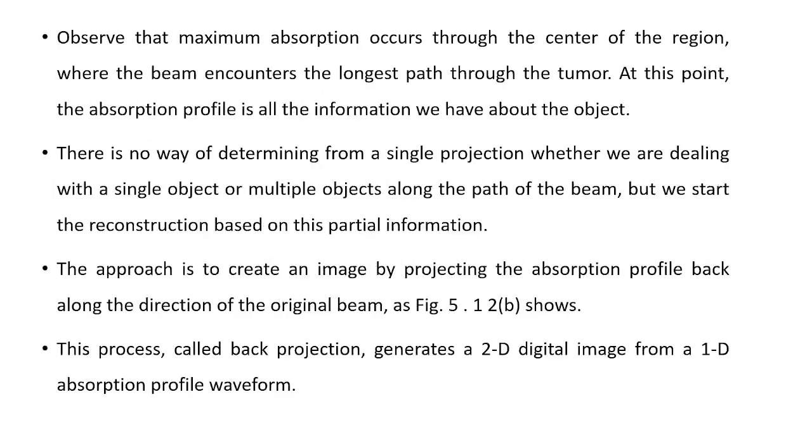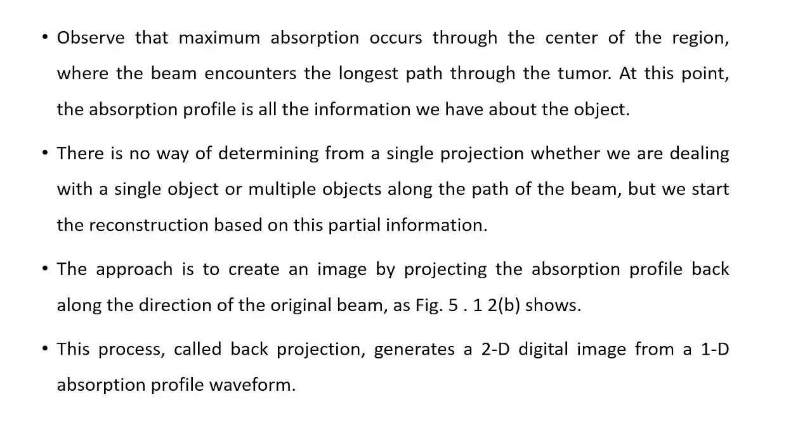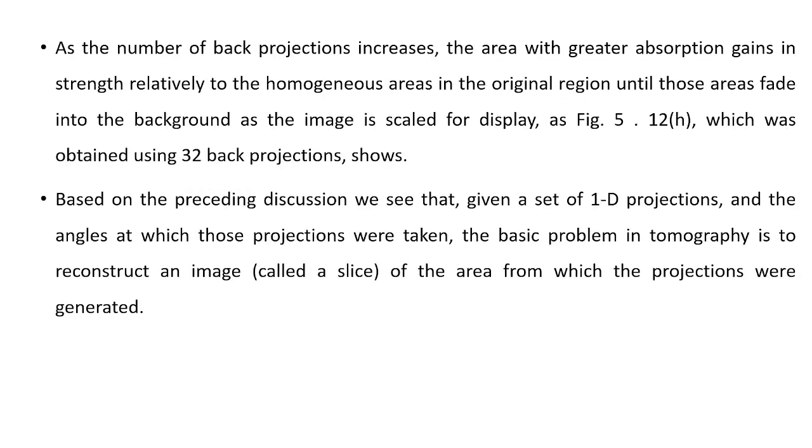In the final image, we are getting 32 back projections. This last image is the result of adding 32 back projections. So by taking more and more, we are getting more strength. The absorption results will be more.